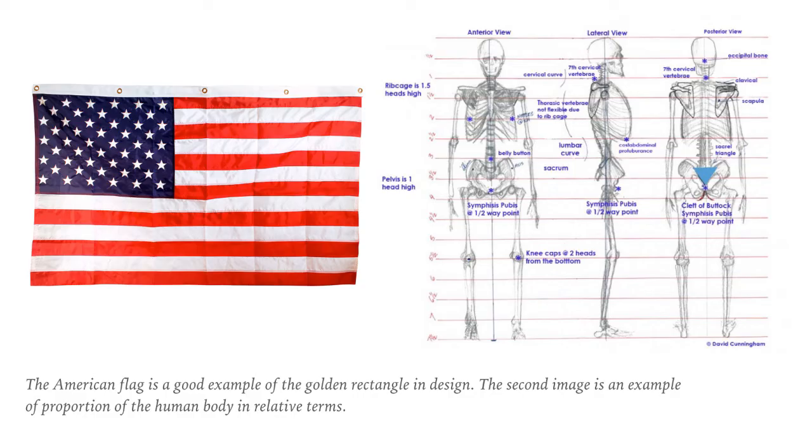And over here, this is kind of unique, and as I was looking for images to show you guys, I came across this one. It has all the different proportional relationships of different things. Like, for example, the pelvis is 1 head high. So if you measure the head and you wanted to do the pelvis, it should be the same height as the head.